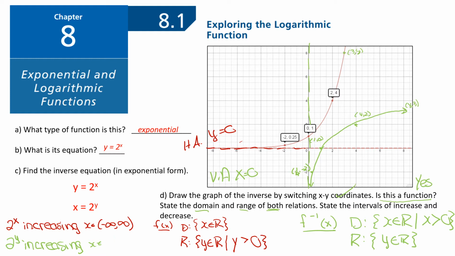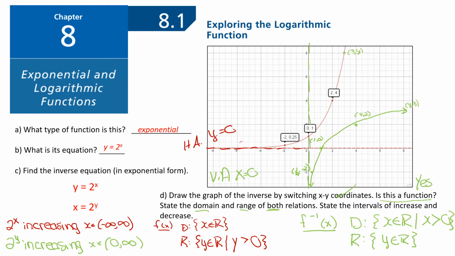It doesn't exist there. So it actually starts increasing at 0. But do I put a round bracket or a square bracket at 0? Are we including 0 or not? We are not including 0. That should be a round bracket. So 2 to the power of y is increasing from 0 to infinity.